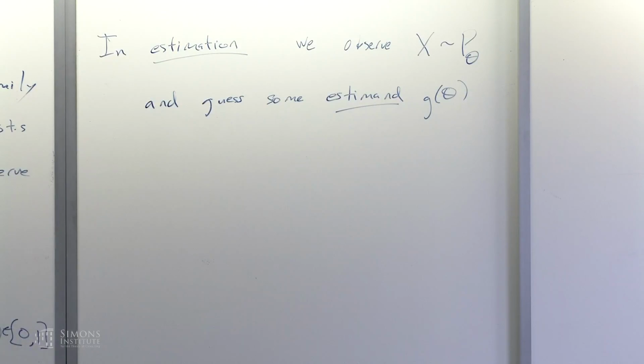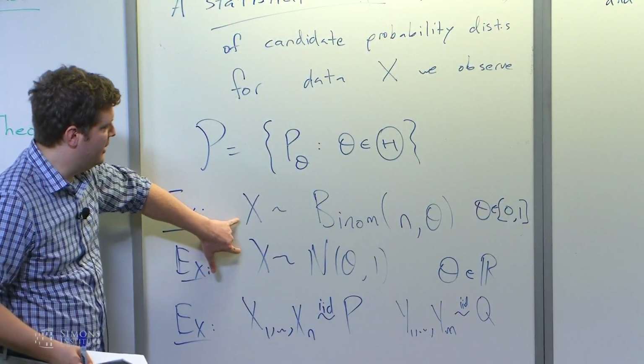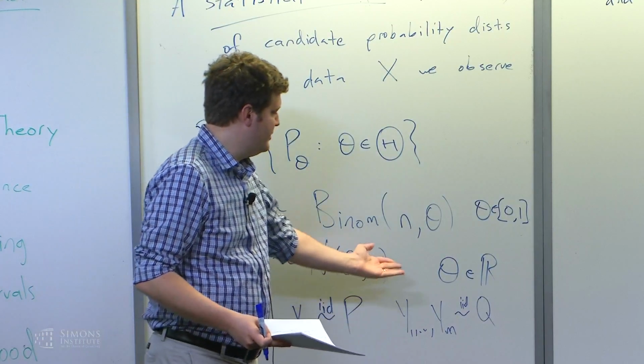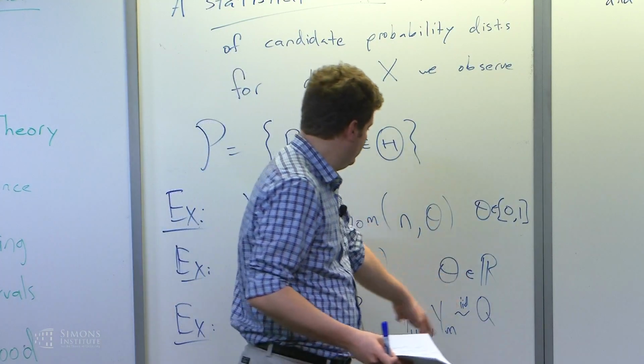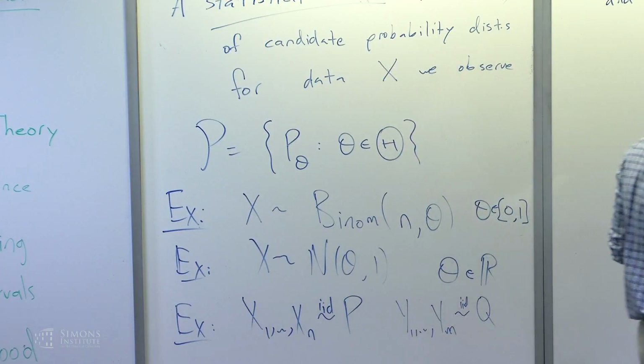So in these first 2 cases, g of theta is probably just theta, whereas here it could be something like the expectation of Q minus the expectation of P.